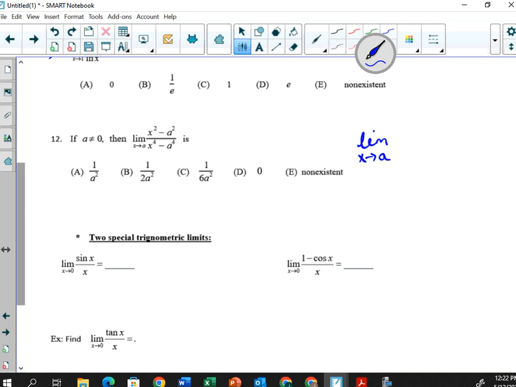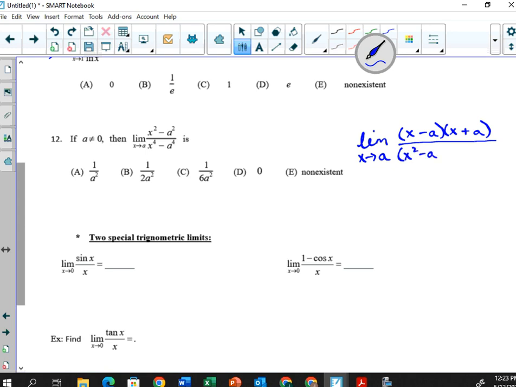So you don't have to do it this many times, but do you guys see it in the numerator first? Is your instinct to factor that? Okay, so let's do that. X squared minus a squared would factor into x minus a times x plus a, over x to the 4th minus a to the 4th. That is also difference of squares. What will that become? Start with them squared.